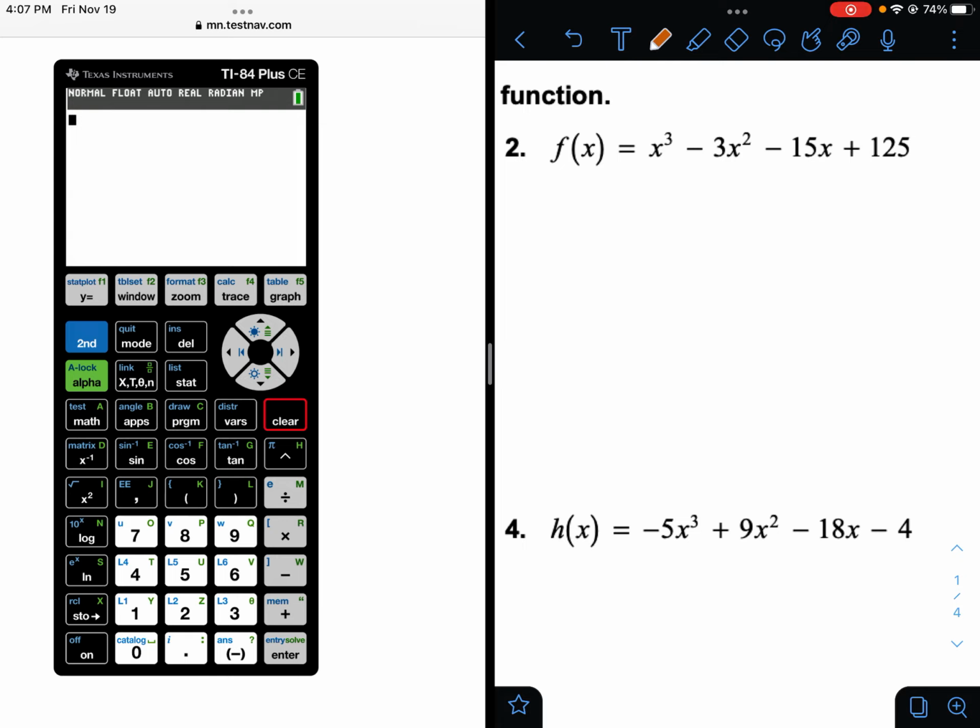At first it looks like a normal polynomial, and so you look at it and go, okay, I'm going to put this in my graphing calculator and then solve it. So I'm going to go ahead and put this into my graphing calculator so I can see if I can find one of my solutions.